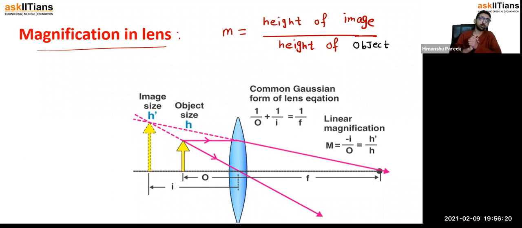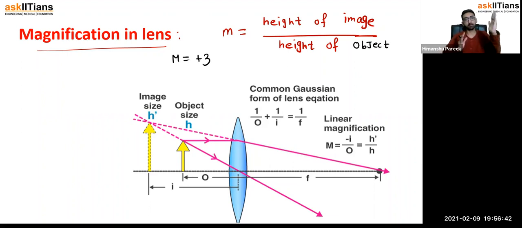So if somebody says that the magnification is 3, what should I understand from it? I should understand that if magnification is coming out to be 3, this means that image is 3 times magnified. If object height is 2 centimeter, then image will be of 6 centimeter. And plus sign is representing that it would be erect.